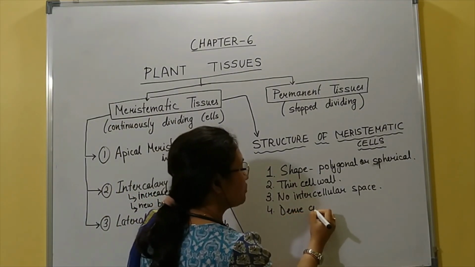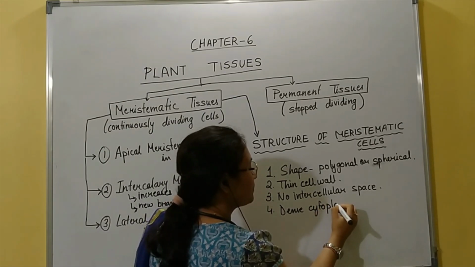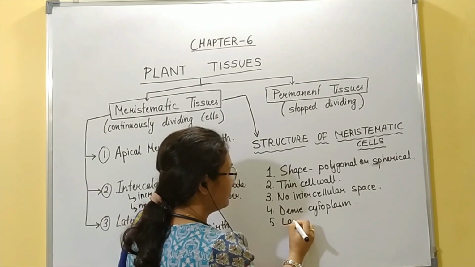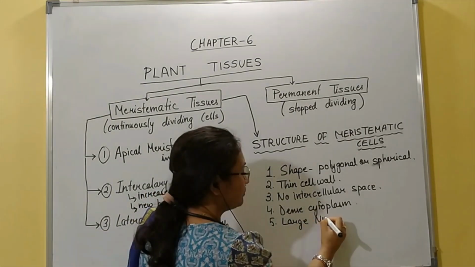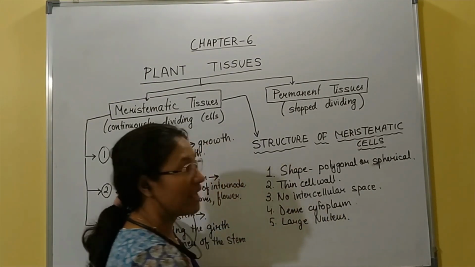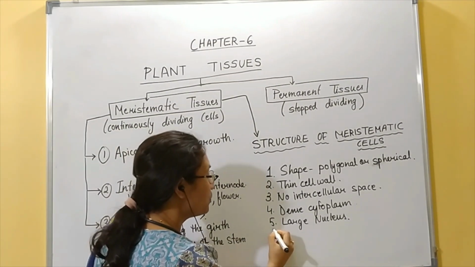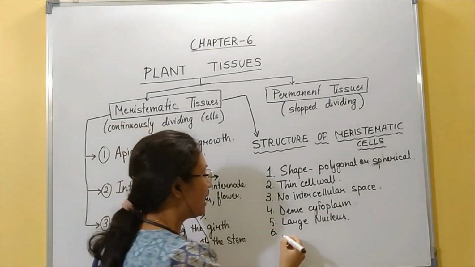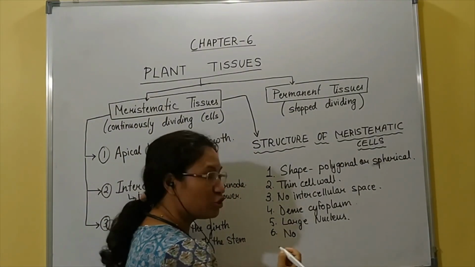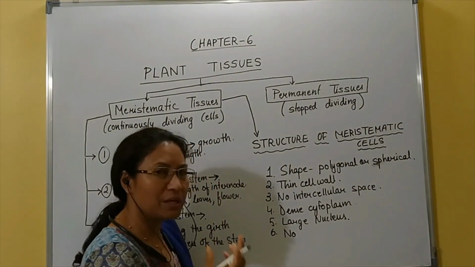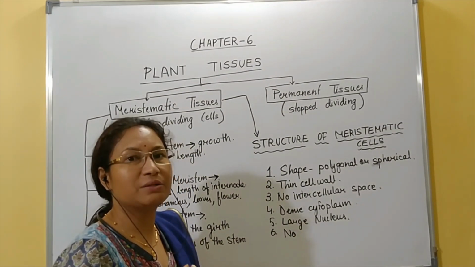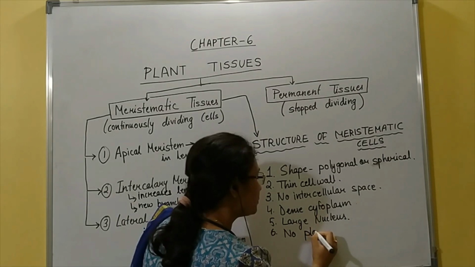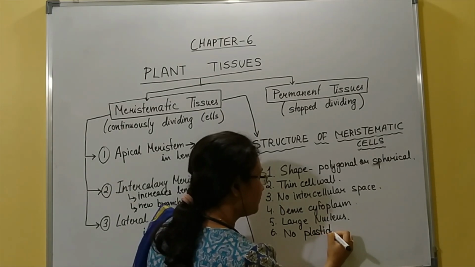Dense cytoplasm, large nucleus, and no plastid. Please remember, these are plant cells, but they will have no plastids. A matured plastid is not there, but a premature protoplastid may be present in some cases. So no mature plastid, you can just write no plastid.